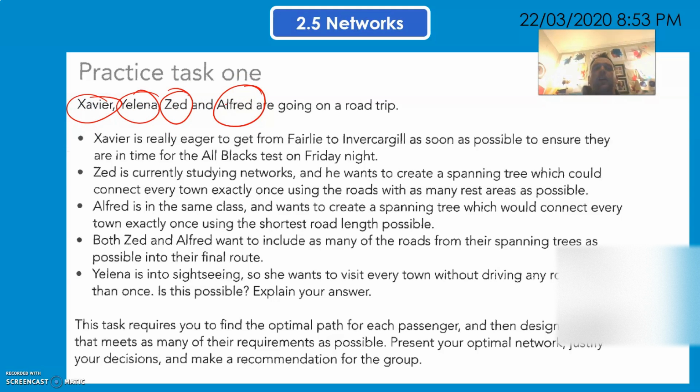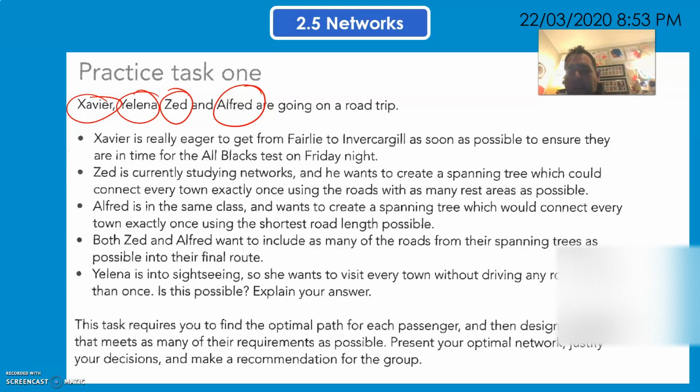So if we remember our skills that we need to use, there's finding the shortest route, a maximum tree span, a minimum tree span, and also traversability. It makes sense that there's 4 different people with 4 different expectations. So you can see Xavier is eager to get from Fairlie to Invercargill as soon as possible to ensure they are in time for the All Blacks test on Friday night.